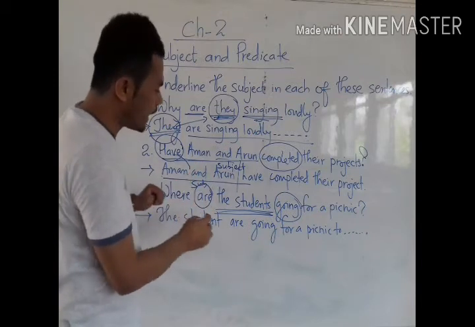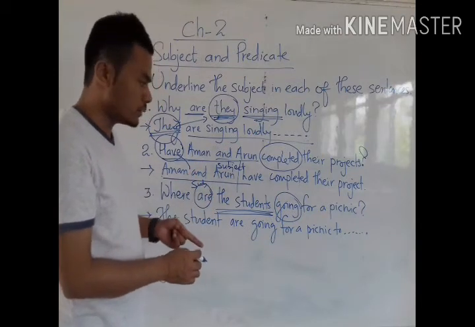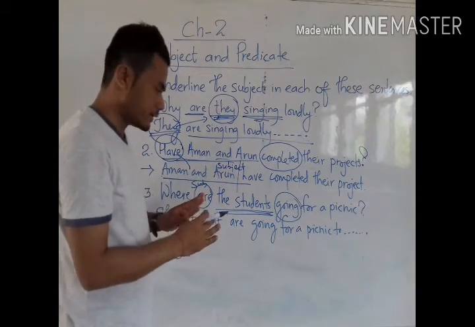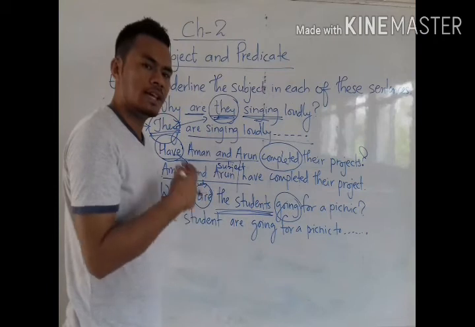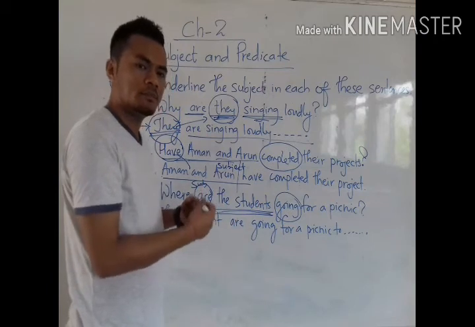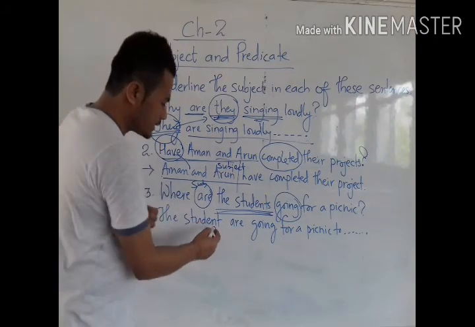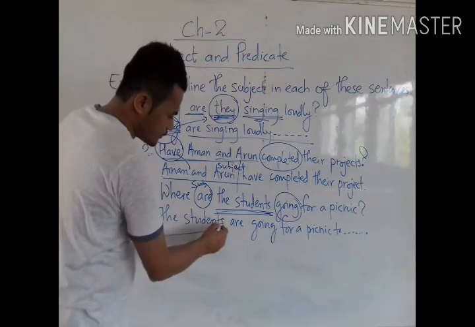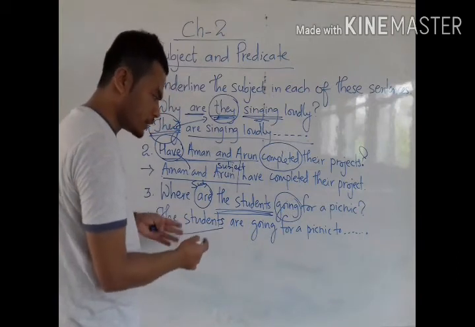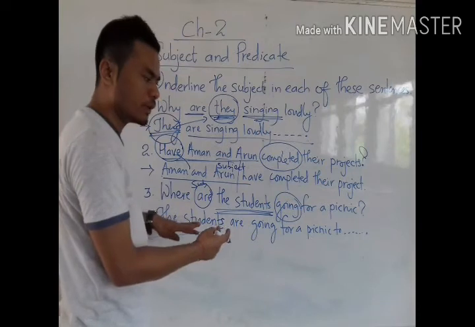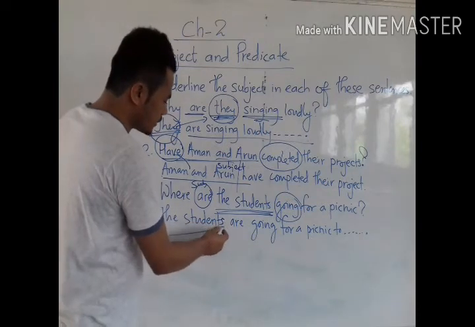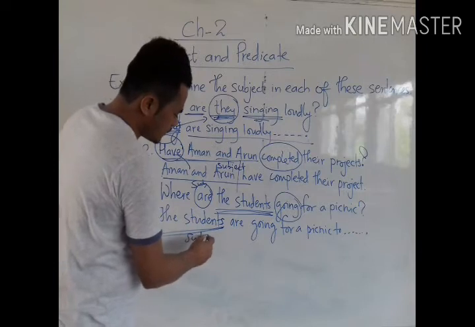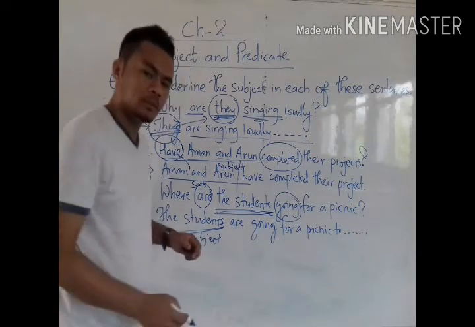In the same way, where are the students going for a picnic? If you answer this, you will say the students are going for a picnic to any place, Ranchi, Patna, but you will start with the students. Okay, so if you read this sentence, the students are going for a picnic, the sentence is about the students. So here the students is subject again. Understood?